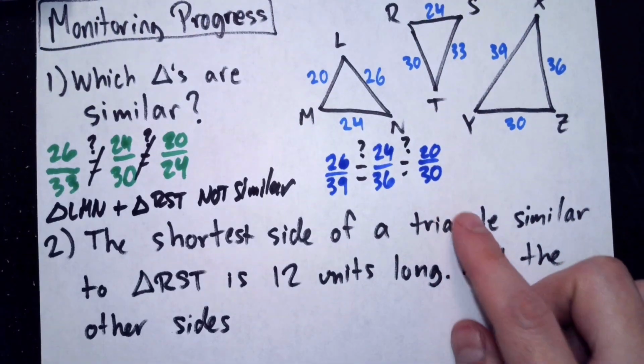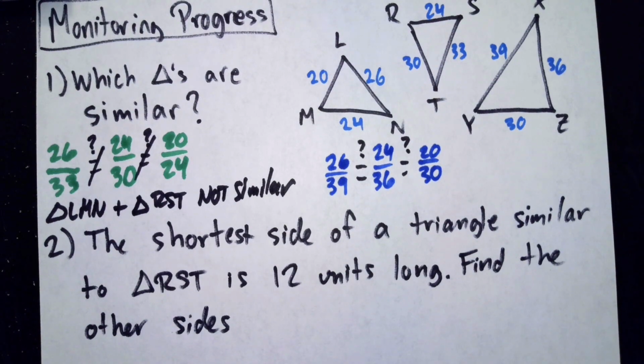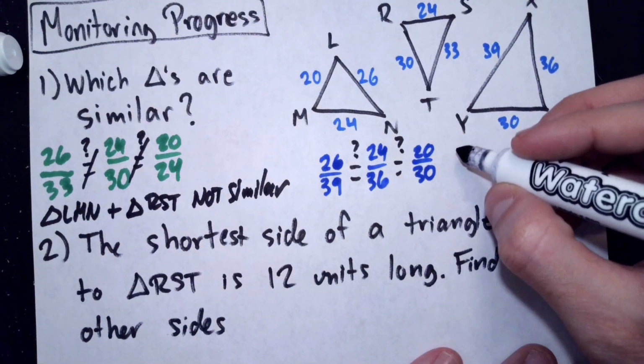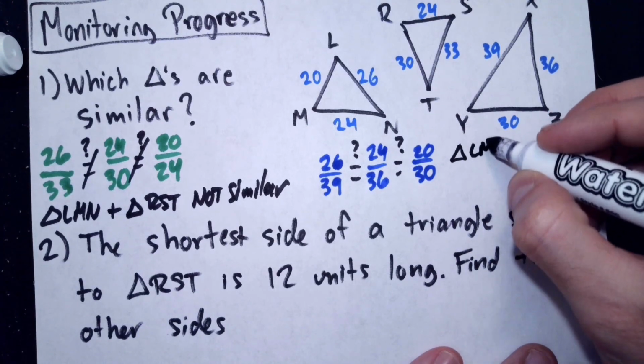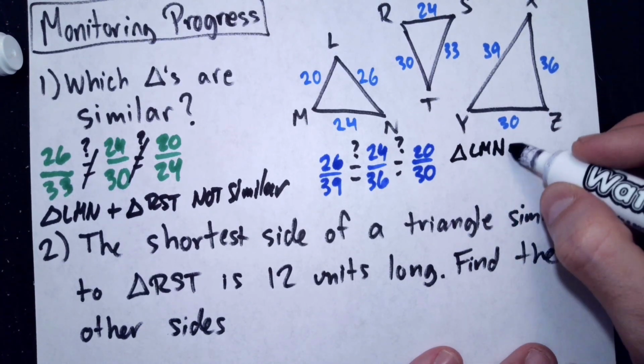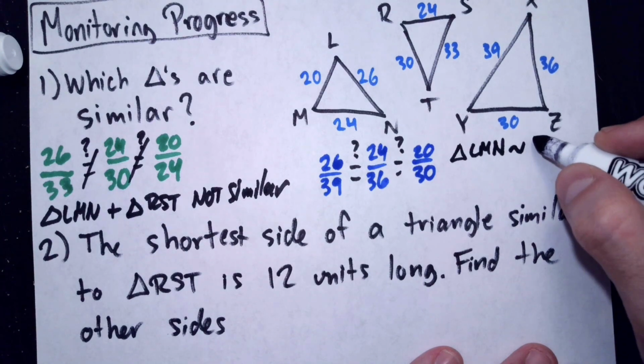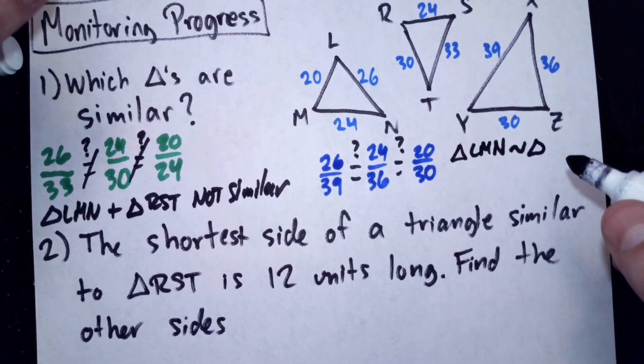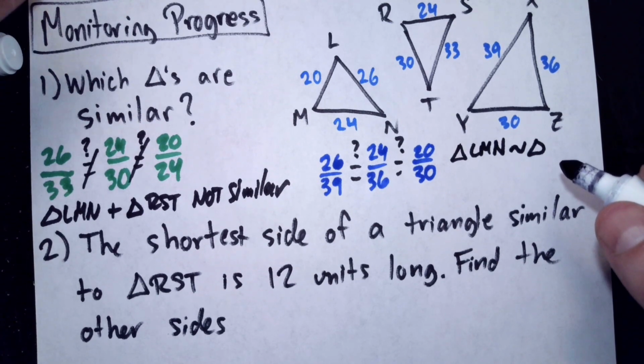Because all of these are actually 2/3, we can finalize this answer and say that triangle LMN is similar to triangle... And here, remember, we need to make sure that we're naming these vertices in the right order.